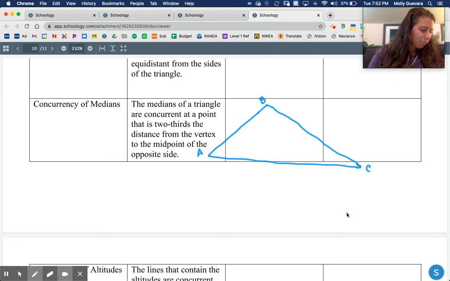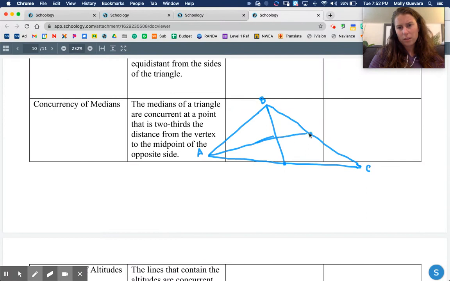Okay, so I'm going to draw the median. Remember, median means you find the halfway mark of the opposite side, and then we connect it to the opposite vertex. So there's one median. This looks like it's about in the middle.